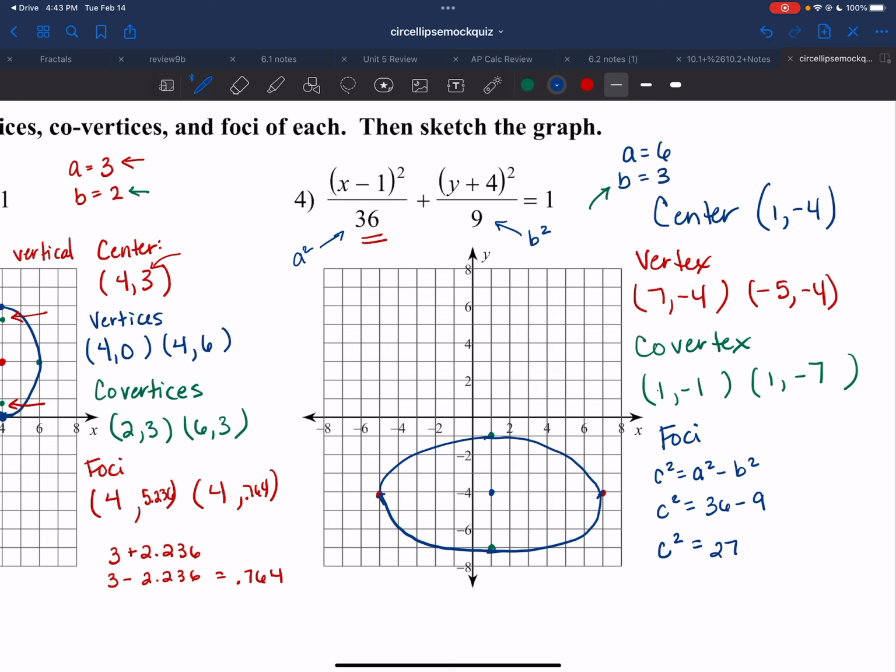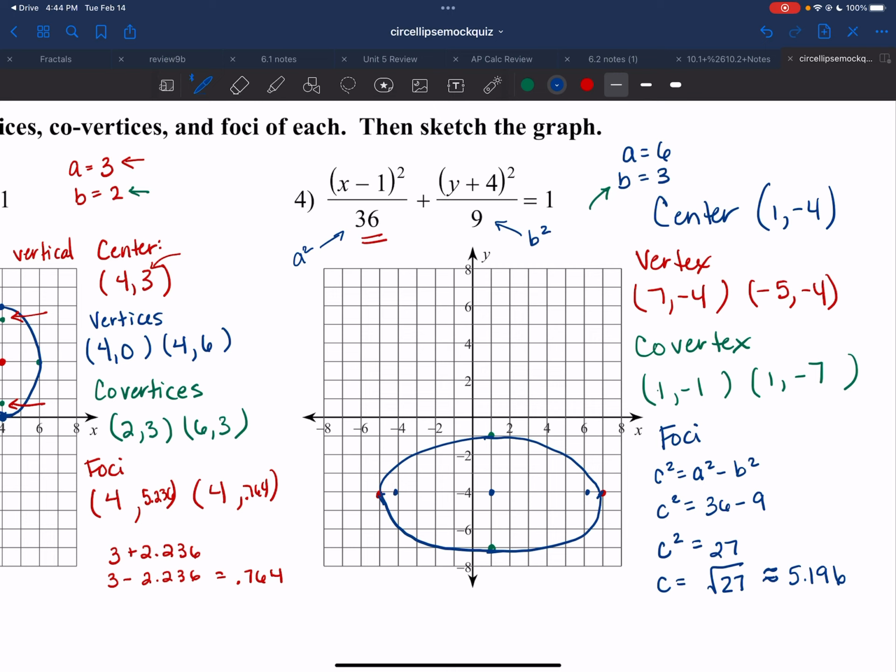So C is going to be the square root of 27, which is approximately, put that in my calculator. So the square root of 27 is about 5.196.